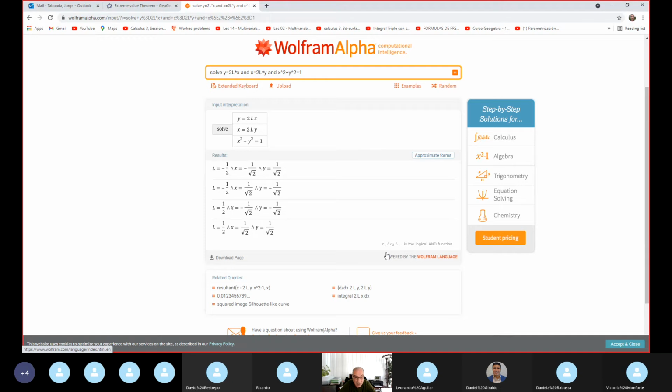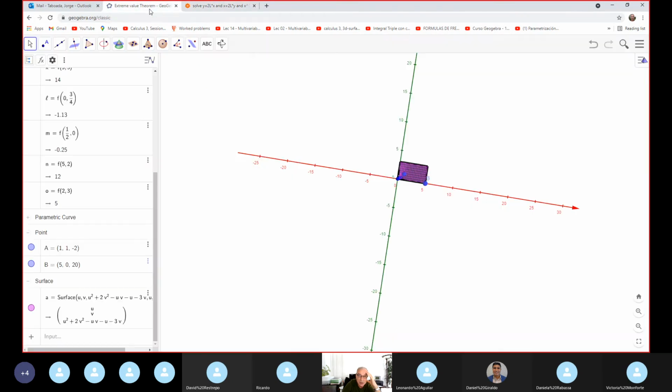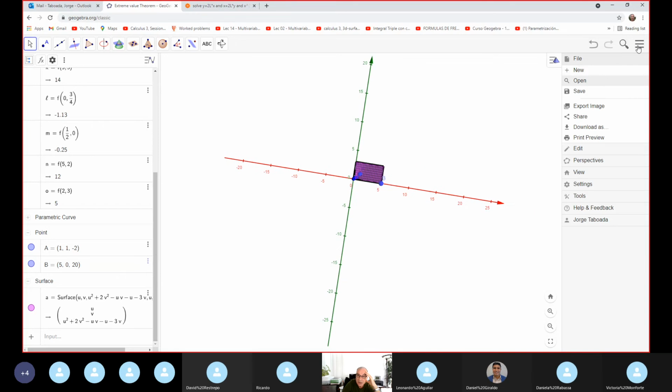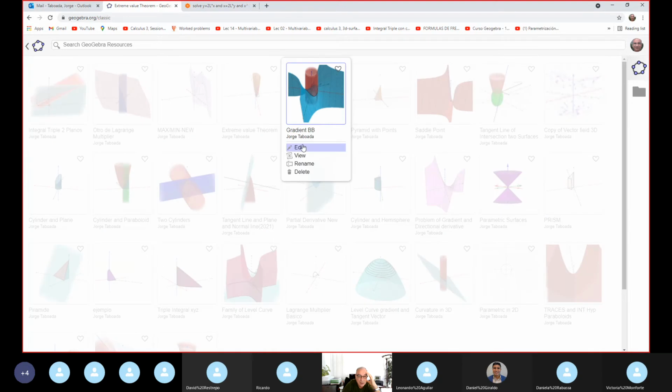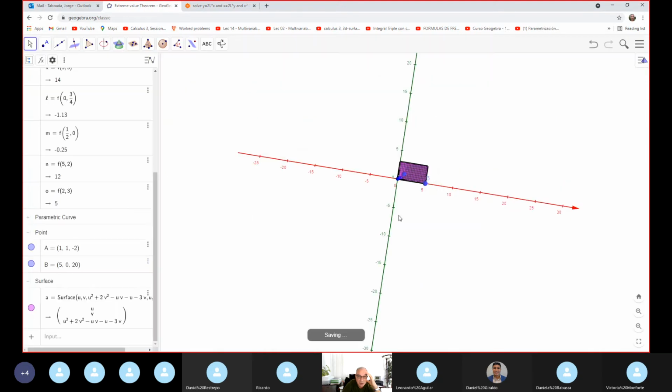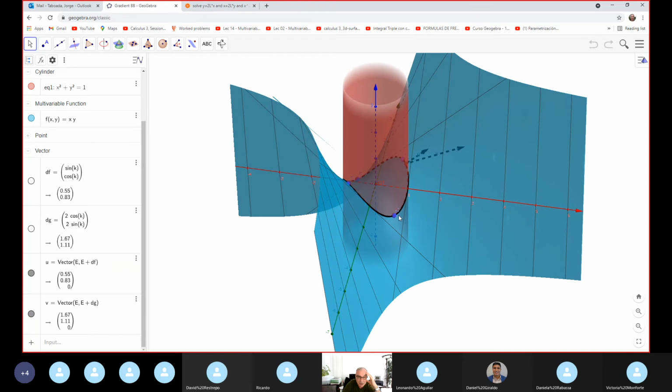It's good. Okay, after that, I want to show you one more thing. I want to show you the idea in GeoGebra. Look at that. Open this guy. Okay, the same example I want to see graphically in GeoGebra now, and you understand a little bit what the idea is.